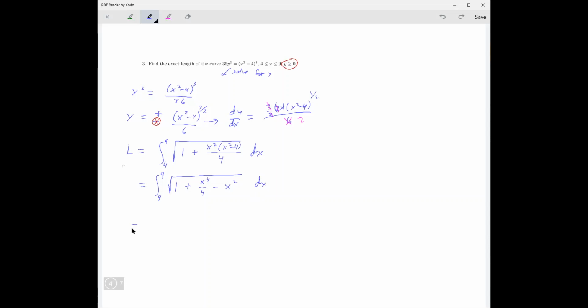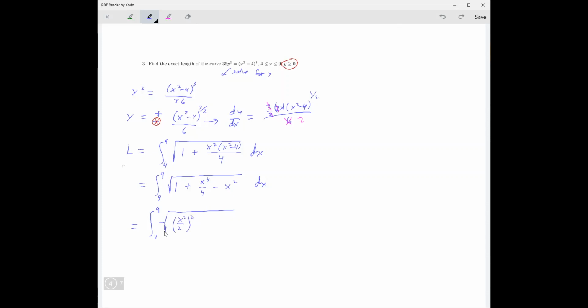Now this looks really weird, but check this out. I'm going to rearrange it, and instead of writing x to the 4th over 4 that way, I'm going to write it as x squared over 2 quantity squared.